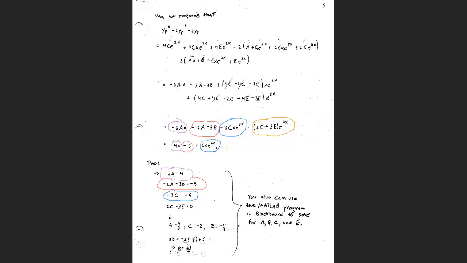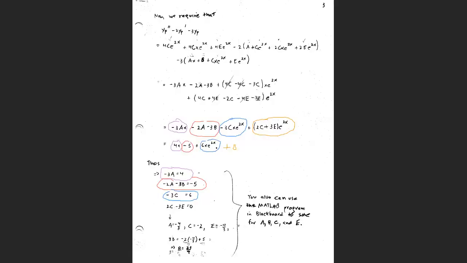Well, there's no e to the 2x term on the right, so we can think of it as plus 0 times e to the 2x. And so 2c minus, this is a minus, sorry, 2c minus 3e equals 0.